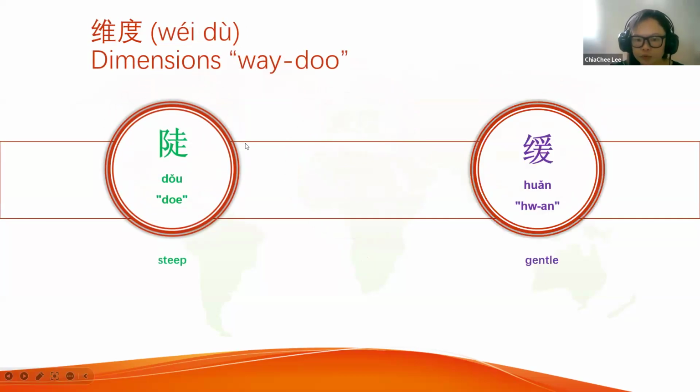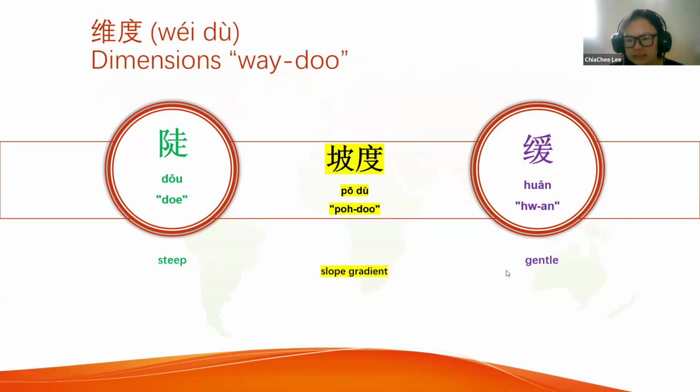The last pair of dimension 维度, we are checking on the slope gradient, which is 坡度. For 坡度, we are checking on 陡, how steep it is. 多陡. 陡 is third tone, steep.